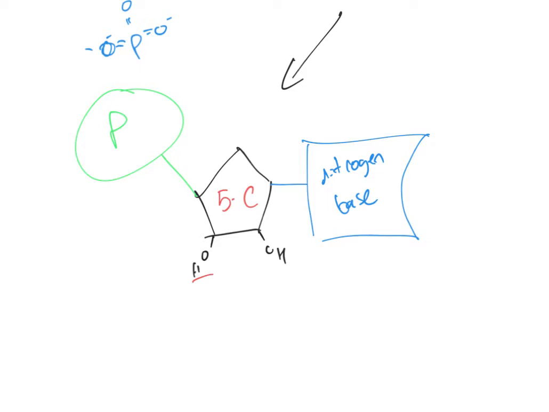I just drew an RNA nucleotide. If I erase the OH and make it an H, now I've just drawn deoxyribose. They're probably not going to ask you that minor detail, but you should know deoxyribose versus ribose.